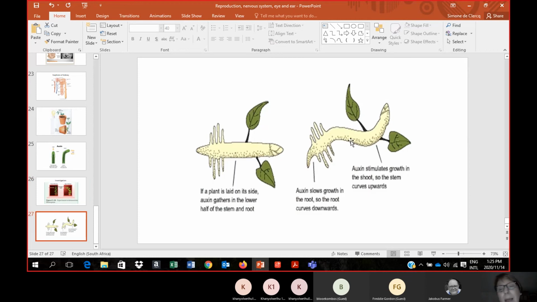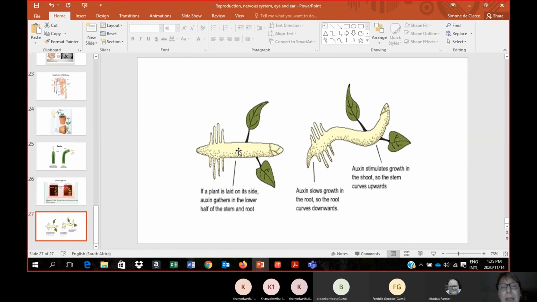But the thing that I really want to focus on is that auxins in a stem will stimulate cell elongation. Now, what I want you to write down in big, bold letters and remember is that high concentrations of auxins in a root will actually inhibit cell elongation.